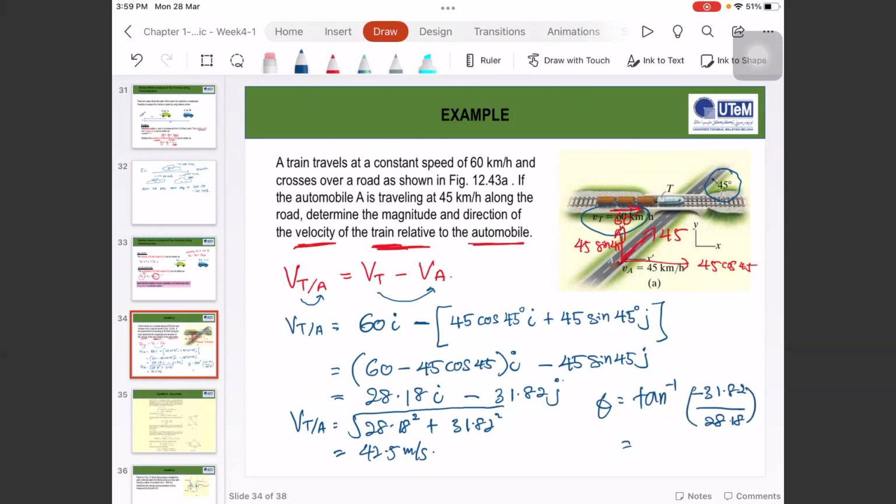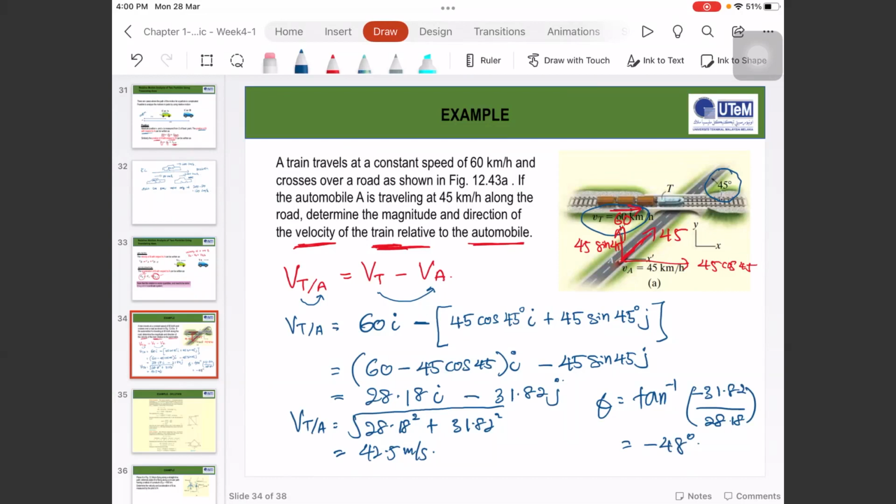Right? Negative 48 degree, minus 48 degree.